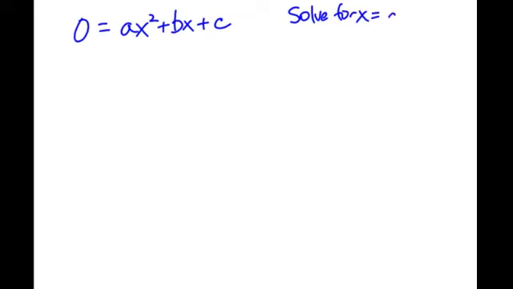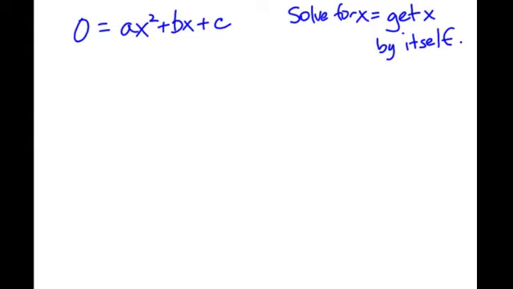So that is going to be a lengthy process. We need to get x by itself. Solve for x means get x by itself, one of the most basic of algebra concepts.